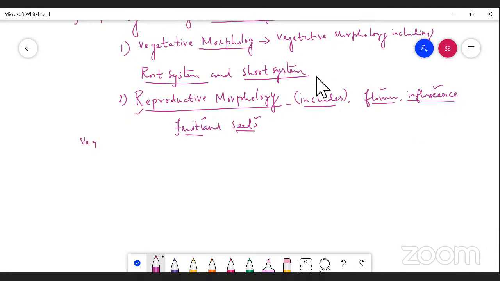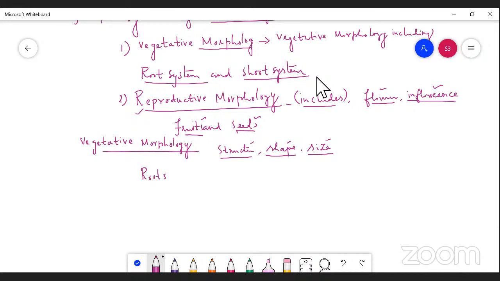Vegetative morphology concerns the structure, shape, and size of the plant, the root system and the shoot system.